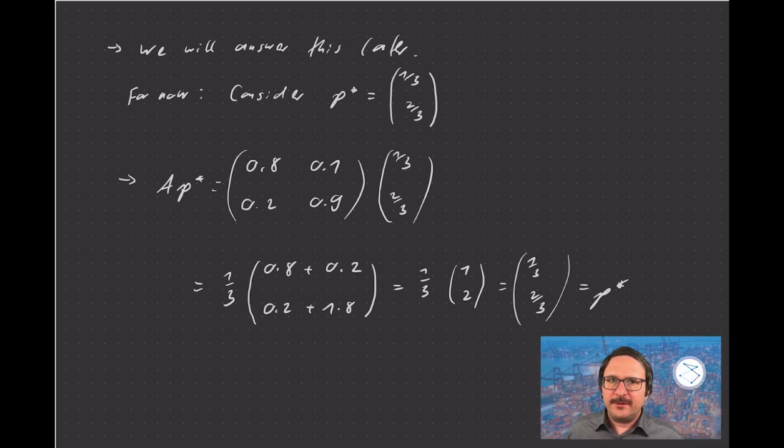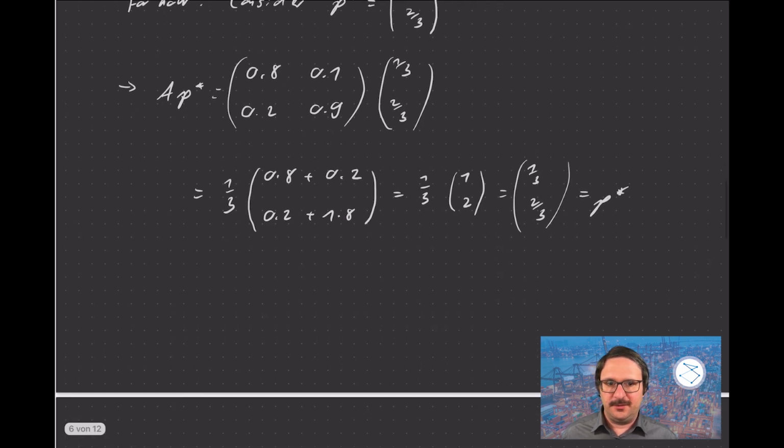So you'll notice that if we reach that point, then you won't leave it anymore. So this P star is kind of a steady state, right? Once we are at that point, the relative sizes of the infected and the healthy population will not change anymore. 1/3 will always be infected at any given time. 2/3 will always be healthy at any given time.